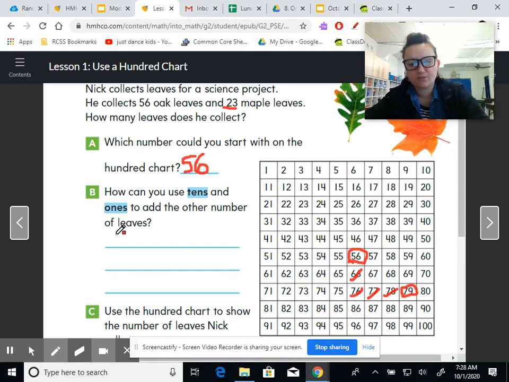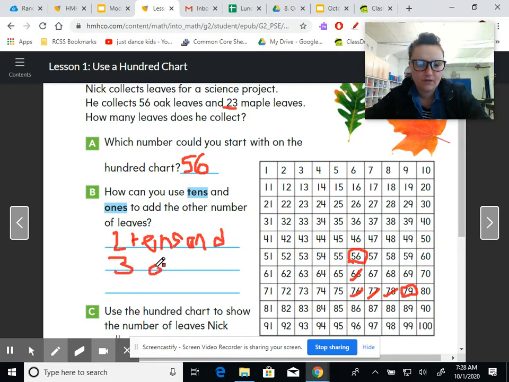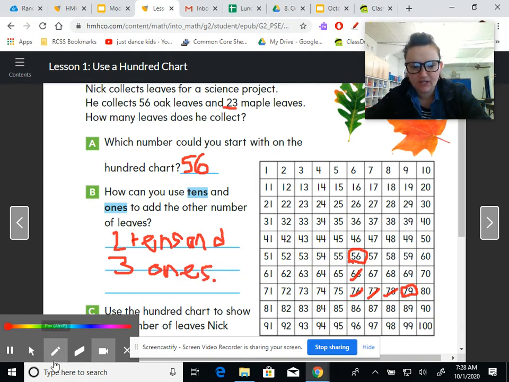So for this writing, we could say 2 tens and 3 ones. It's hard for me to write, like I said, with the mouse.